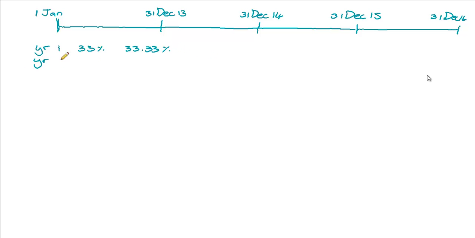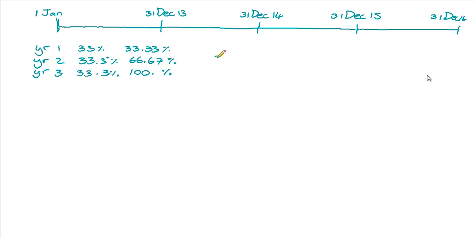Year 2, if I depreciate another 33.33%, I'm going to have a total of 66.67%. Year 3, if I have another 33.33%, then I'm going to finally get to my 100% and the asset will have been fully depreciated. So you can see that it's going to take 3 years.